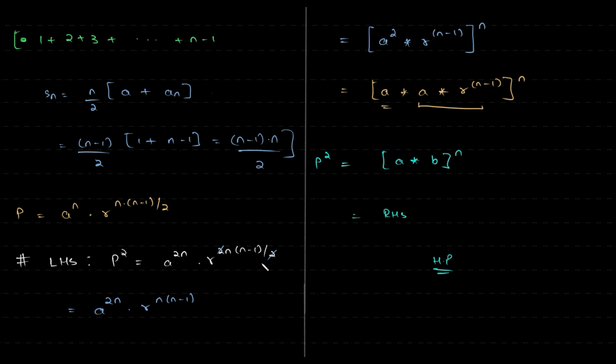For P squared, I squared, again with a bit of simplification and the exponential formula, and a bit of looking at what is required. And when I wrote that I needed a out of a squared, it is a into a, and a into r to the power of n minus 1 is clearly b. And so we have the RHS.